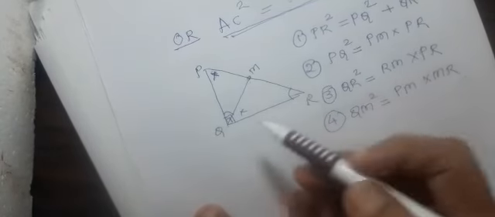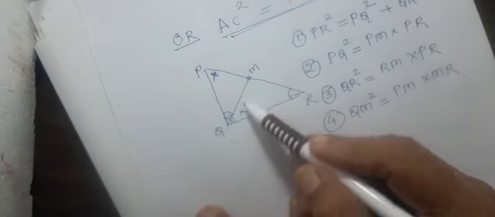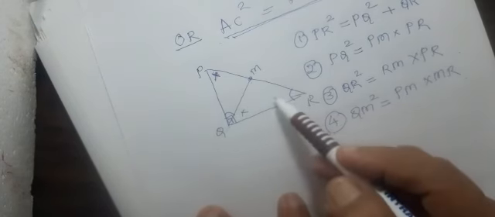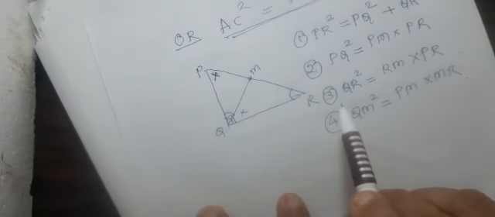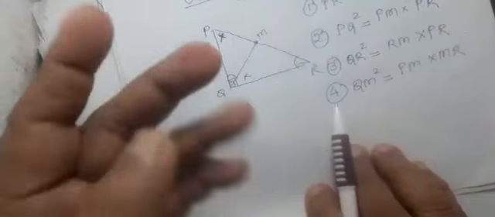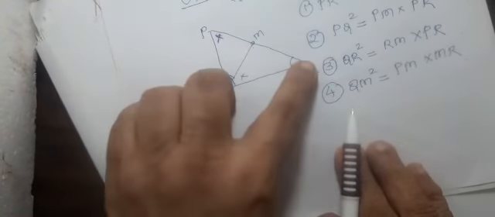They are all about the sides of a right angle triangle and the perpendicular drawn from the right angle vertex to the hypotenuse. Even for that perpendicular there is a formula. And how we prove it, they ask for 2 marks. They will ask you to prove QM squared is equal to PM into MR.